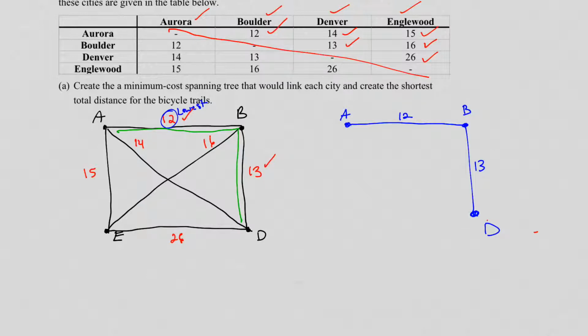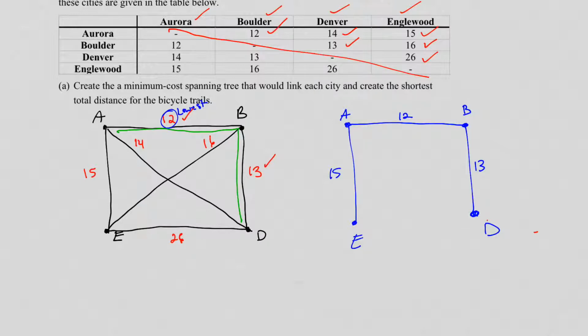Now, what's the cheapest way to get to E? Well, what are our options? We have 16 that can get to E, 26 that can get to E, or 15 that can get to E. And the cheapest out of those 3 would be the 15. So we're going to go down. And there, we've connected all the vertices using the smallest numbers.